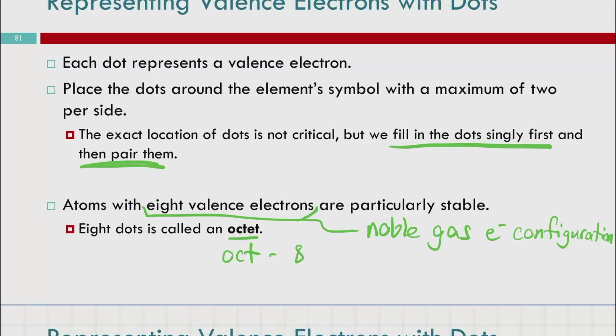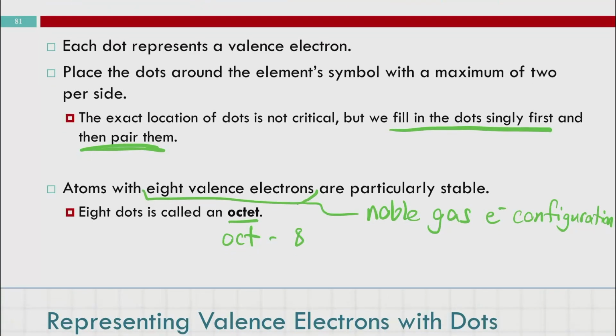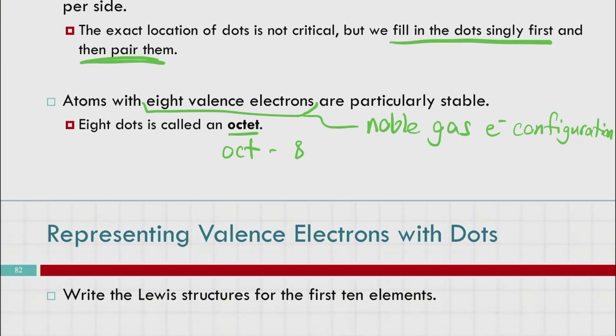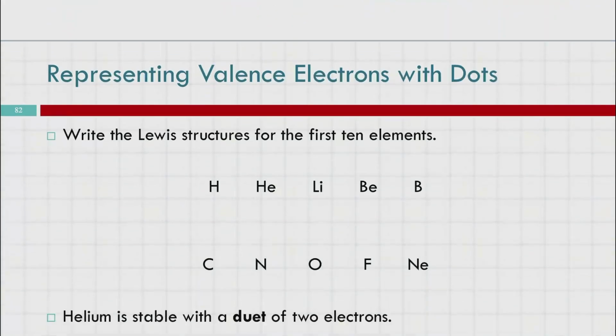The oct being 8, just like October is the 8th month of the year, or it used to be. And then the et, like duet, quartet, etc., right? So a group of 8 is our octet. Oct like octopus. We can do our Lewis structures for the first 10 elements.